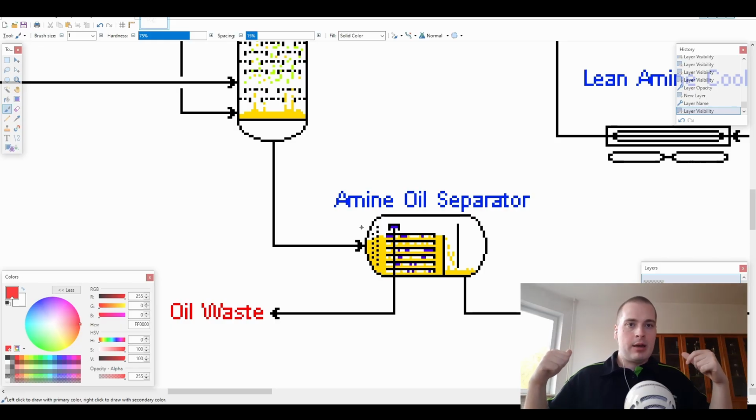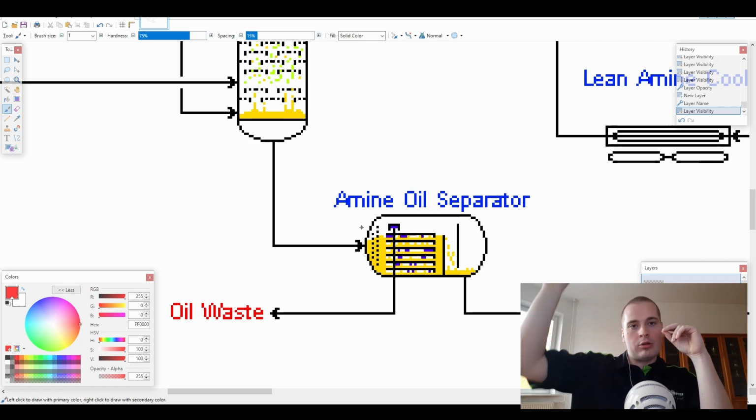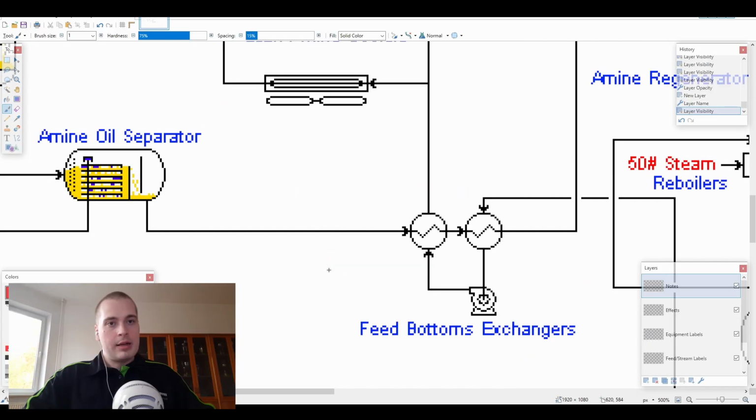So a lot of little oil droplets are going to come together and form big droplets, and then they're going to float to the top of the vessel and get collected in there. So that's basic oil separation based on the difference in density, buoyancy, and gravity. Then from our amine oil separator, our rich amine flows into the feed bottoms exchangers.